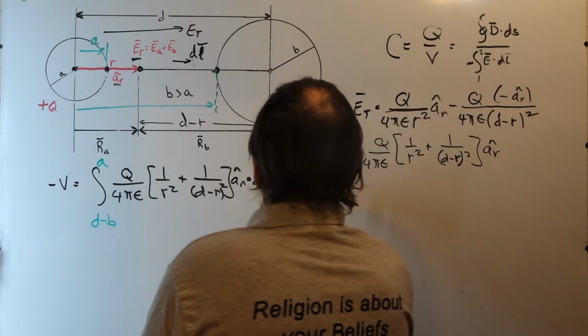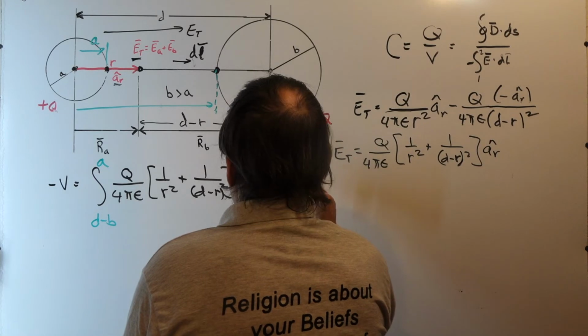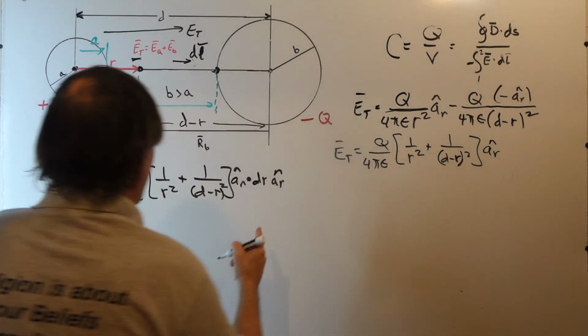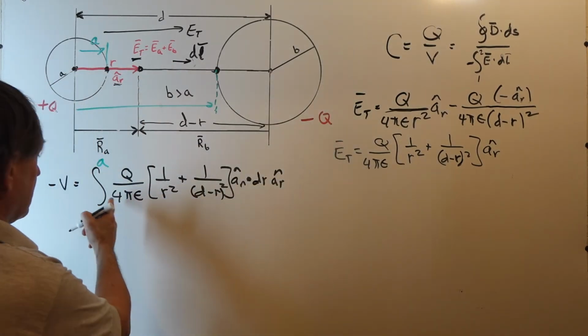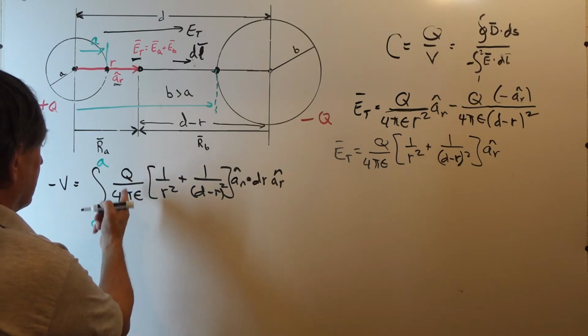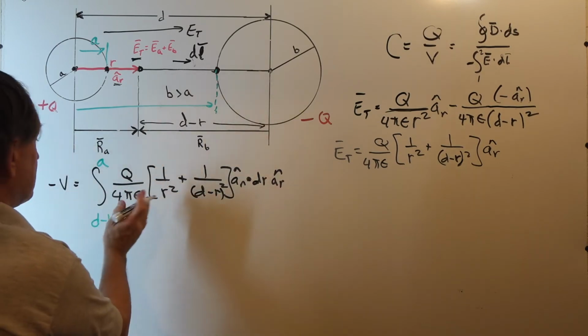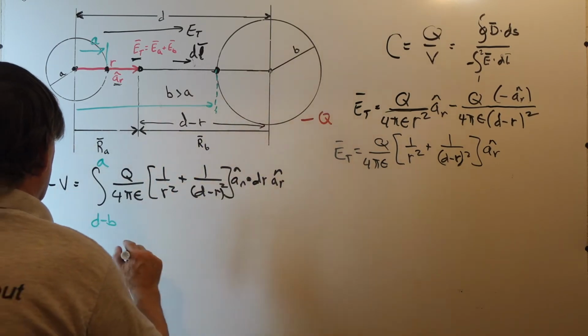So this now becomes... what I'm going to do here is multiply, bring the q over 4 pi epsilon, this constant, over, so I only have to write it once.